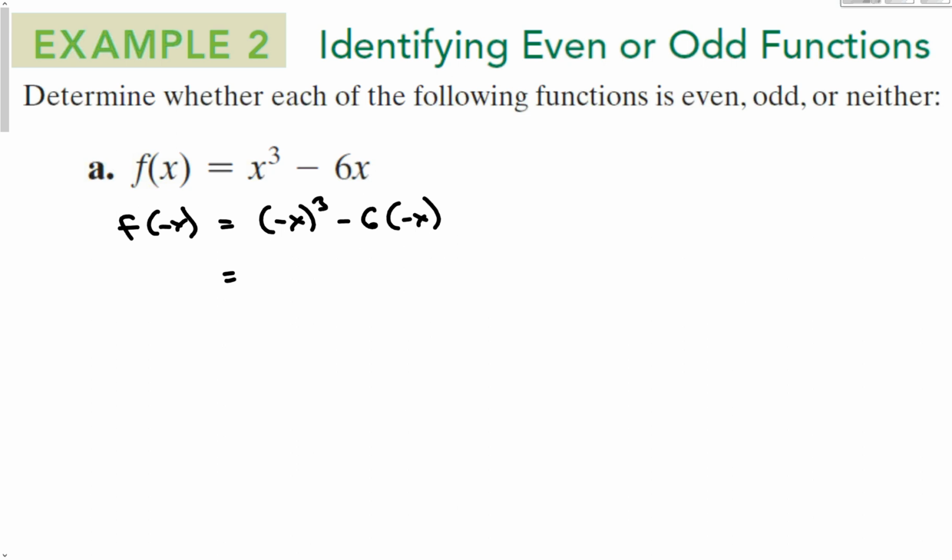Negative x to the third power, negative times a negative times a negative, is negative. Negative 6 times negative x is positive. Notice that this term was positive, now it's negative. This term was negative, and now it's positive. Everything in this function has changed signs. So this function is odd.